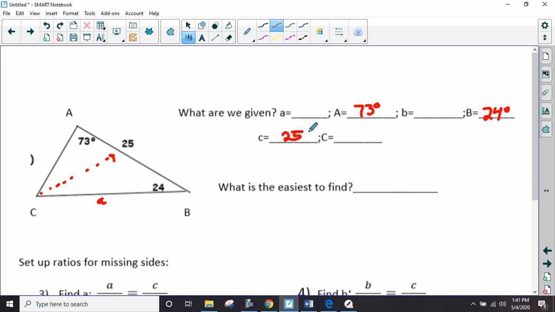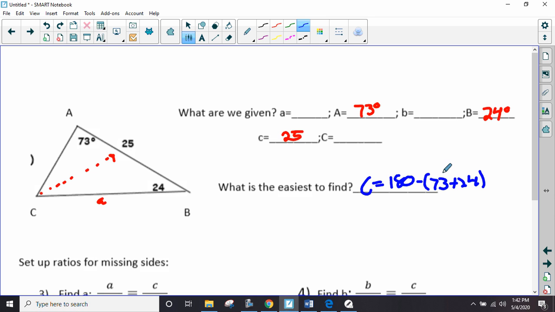The easiest to find is going to be big C. It's going to be 180 minus 73 plus 24. Type it in the calculator just as it's written.